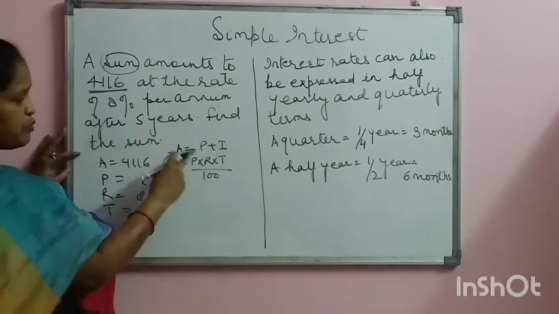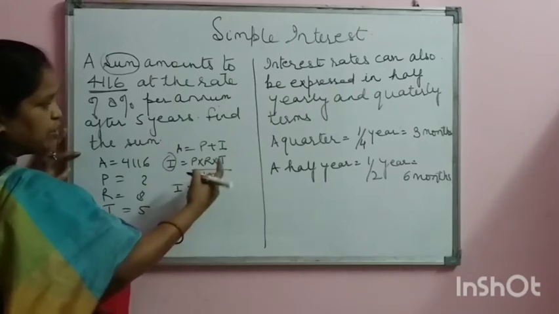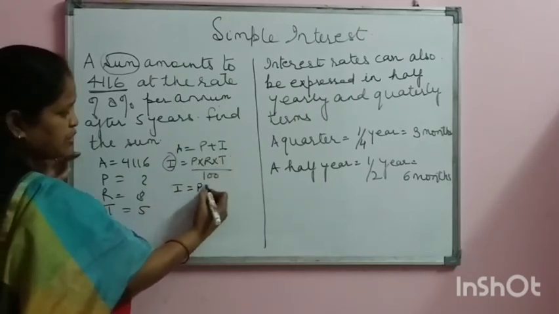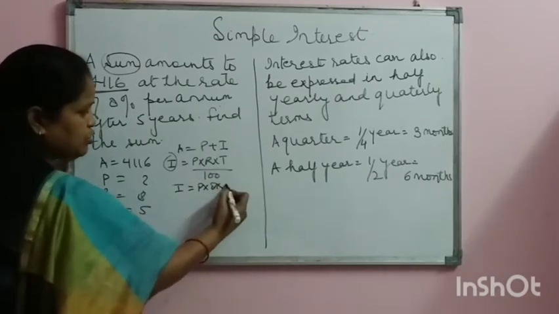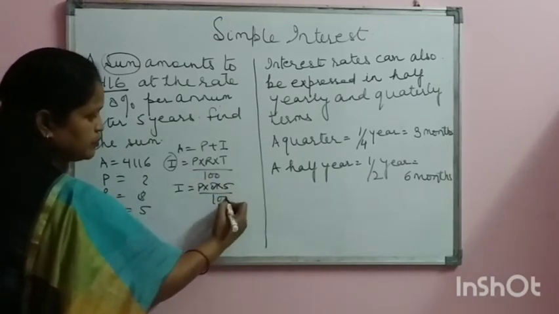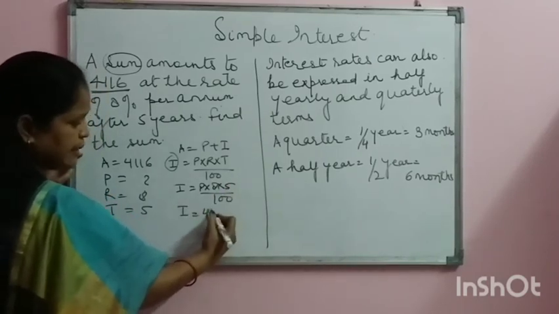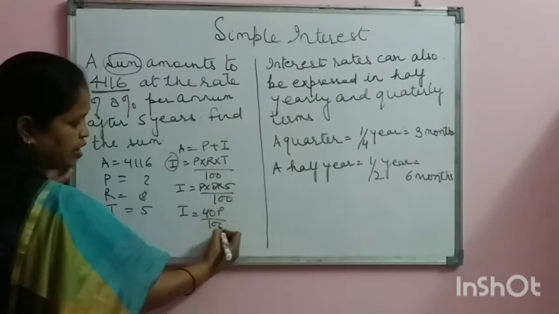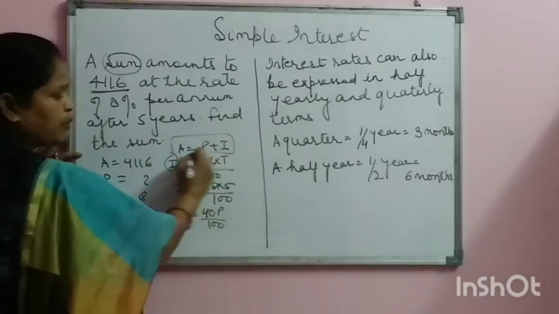So you can solve the problem in this way. I is equal to P into R into T, that means P into 8, you will put the values of R and T, 8 into 5 upon 100. I is equal to 8 5s are 40, 40 P upon 100. Now you will put this value of I in this equation.